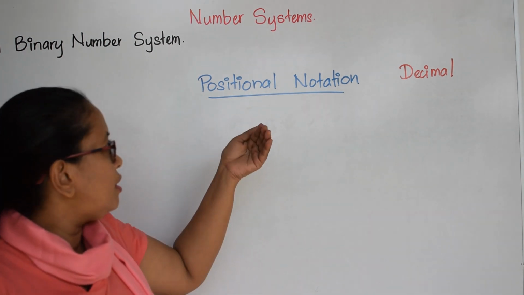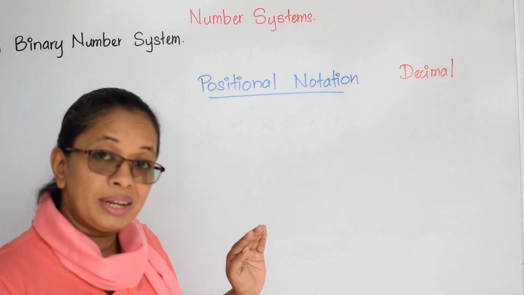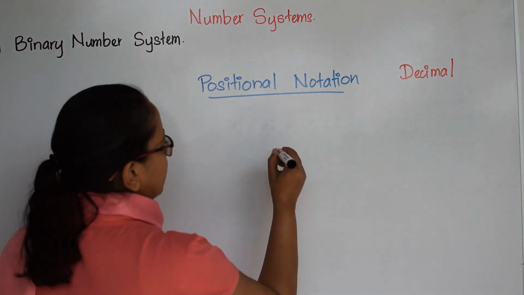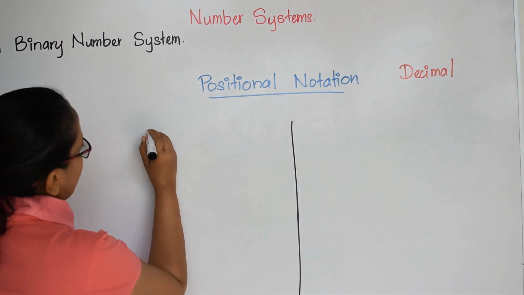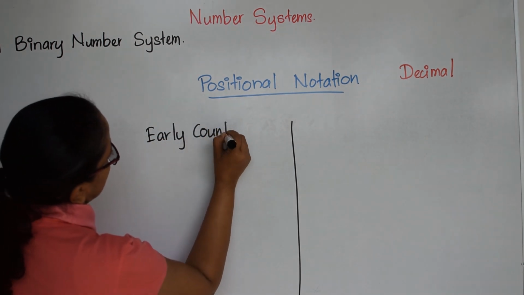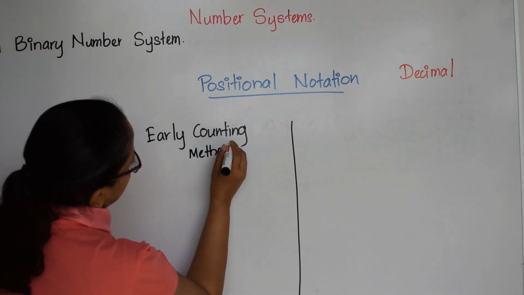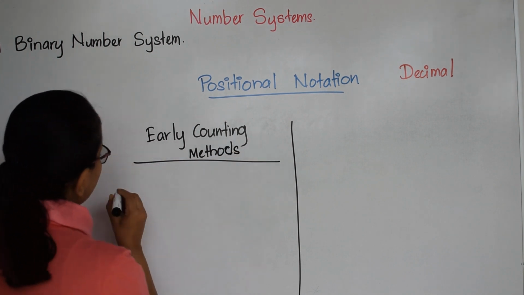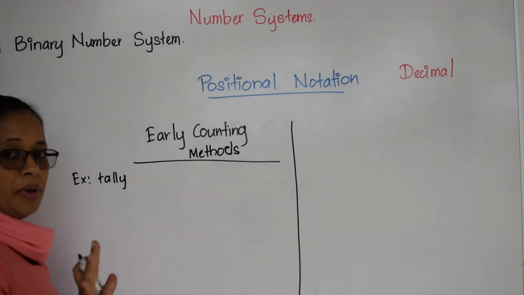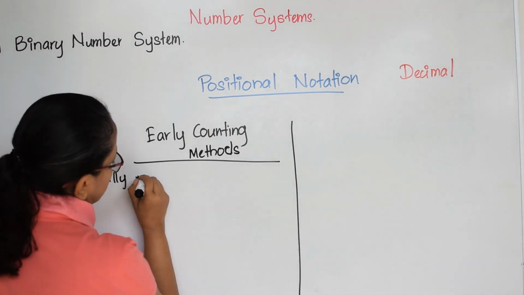Now we will see what this positional notation has given to humans when we compare it with the early counting methods. So I am going to do a small comparison. Here on this side I am going to talk about early counting methods. I will take the tally mark system as an example, because all the other methods were not being used by the time they were using the tally mark system.